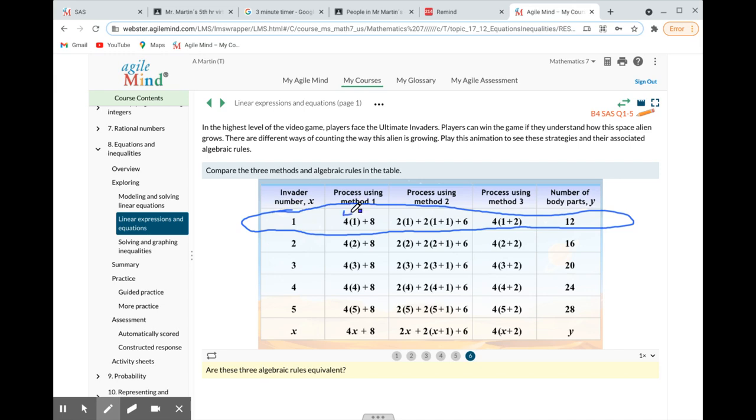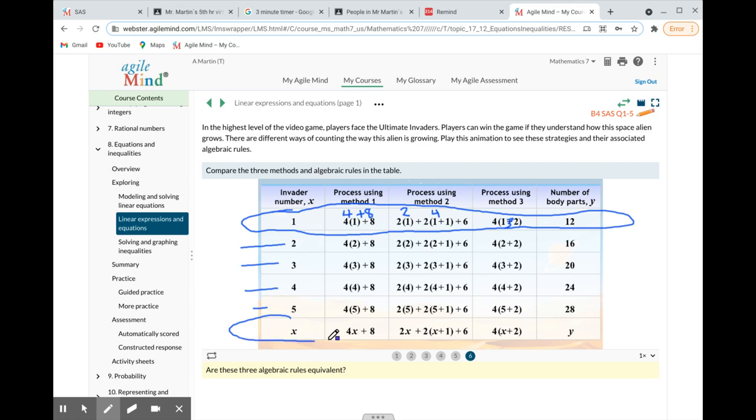This would be 4 plus 8. Does that equal 12? Yes. Yeah, this would be 2 plus 4 plus 6. Does that equal 12? Yes, sir. And then this is 4 times 3, which is 12. All right. So it all works. Same's going to happen for this one, this one, this one, and this one.